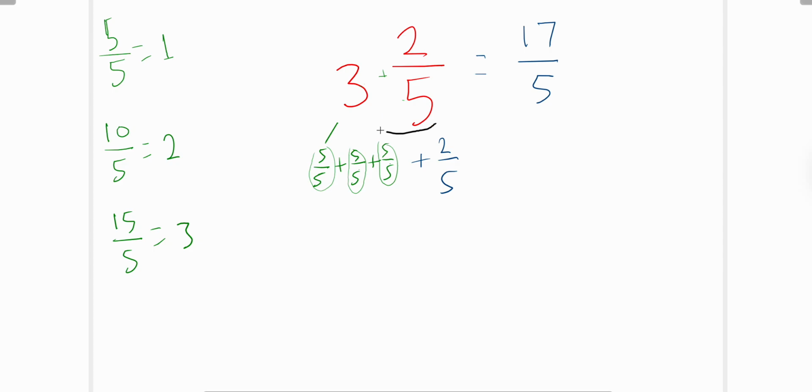We multiply 5 times 3, 5 times 3 over here, plus the 2. So 5 times 3 is 15, plus 2 is 17. 17 fifths.